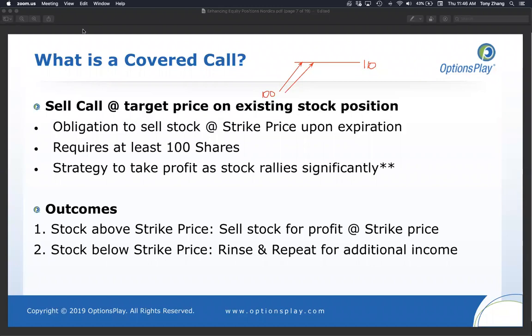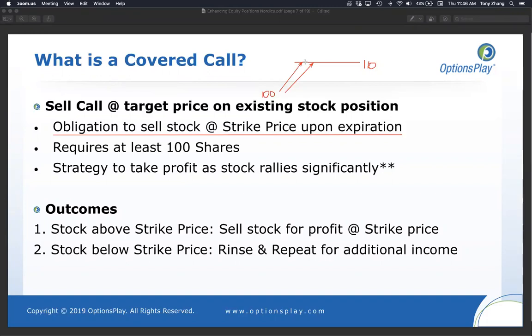When you sell a covered call at the target price that you have on an existing stock position, it obligates you to sell your stock at the strike price upon expiration. So just like a limit order that obligates you to sell your stock at a higher price, in this particular case, instead of a limit price, you have a strike price. And this has an expiration date, which means that this order is good till a certain date, kind of like a limit order that has an expiration date on it.